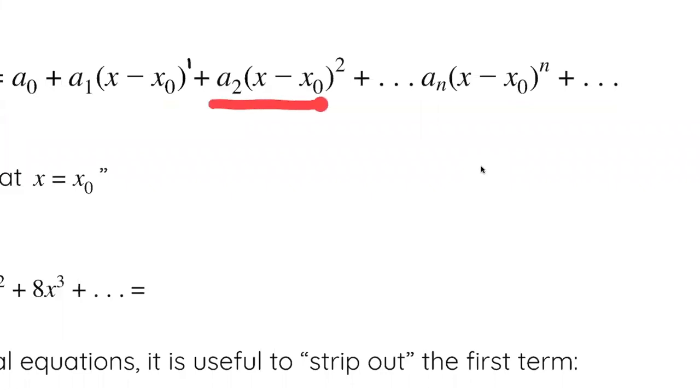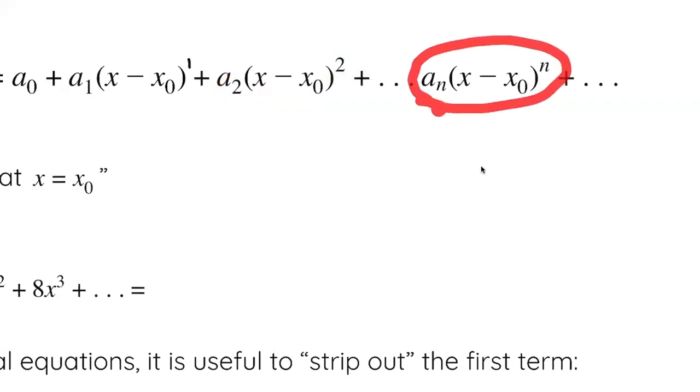The second term, or the third term rather, a sub 2 times (x minus x sub 0) squared. So notice that this 2 and this squared are the same value. And as we keep going, we might be able to generalize the term to say a sub n times (x minus x naught) to the n power.